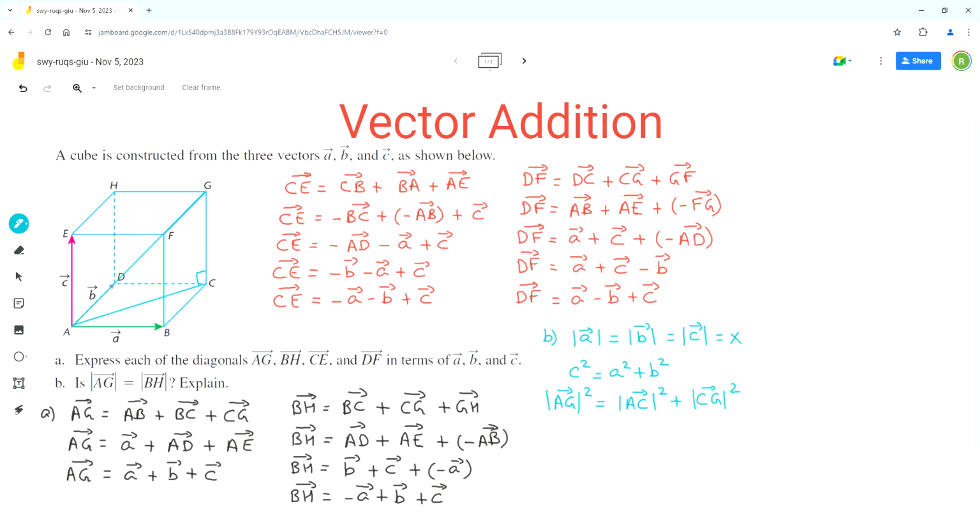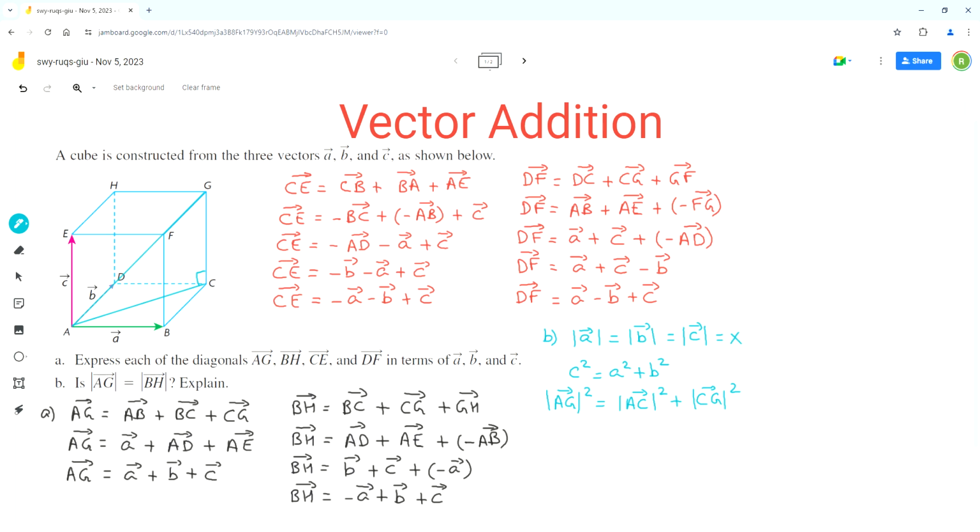Now AC is the hypotenuse of triangle ABC. So we can replace the magnitude of vector AC square using the Pythagorean theorem equation for triangle ABC.